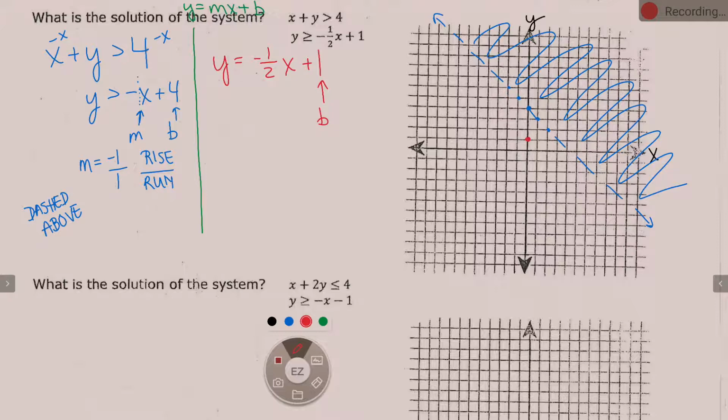Okay? What else do we know? Slope is negative 1/2, so I'm going to go down 1, right 2. Down 1, right 2. However many times you feel like doing that. You can also reverse that and go up 1, left 2.